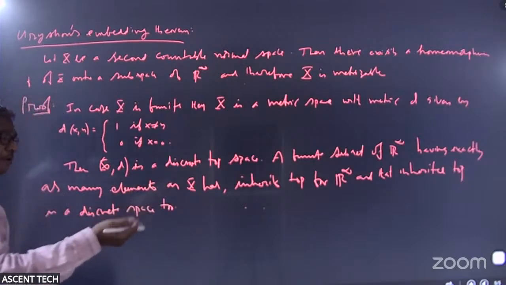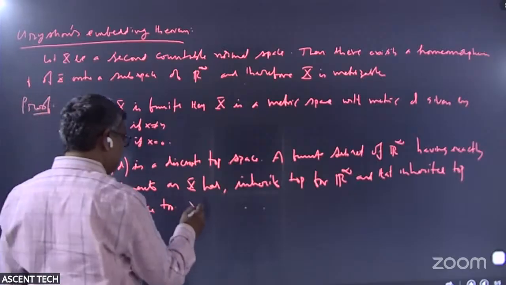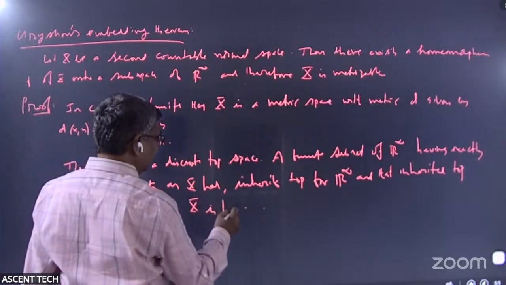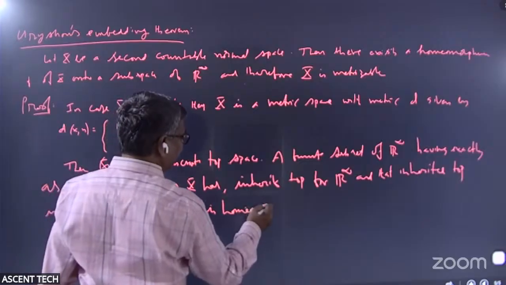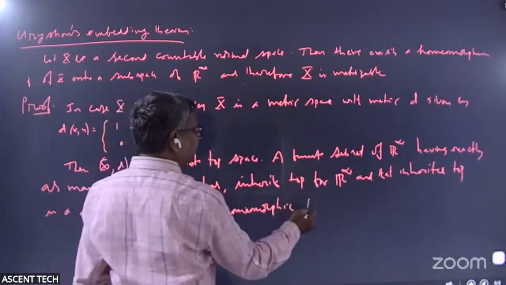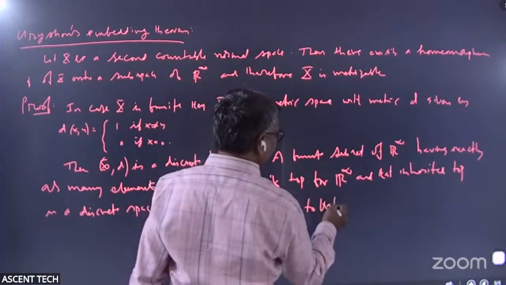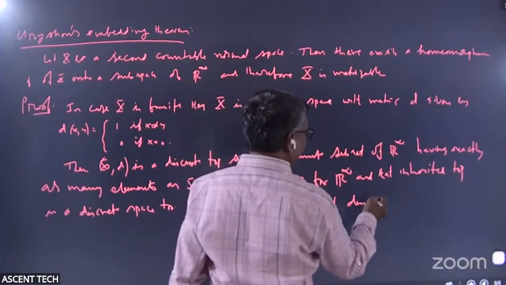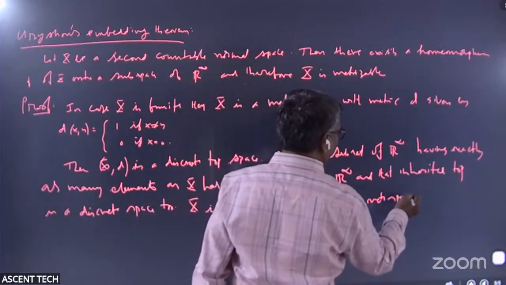So X is homeomorphic to that discrete space. There's nothing much to talk about there.